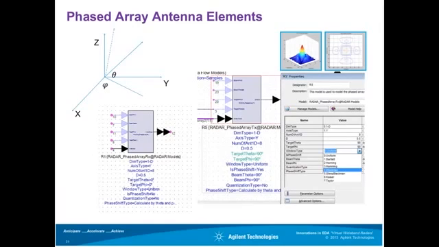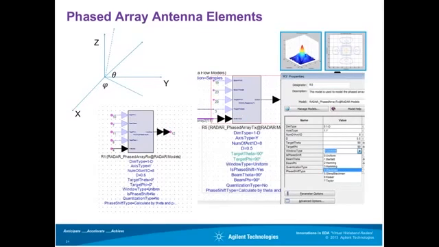And the key model for this type of array antenna system is the phased array antenna measurement, antenna element. We have a TX antenna model and an RX antenna model.